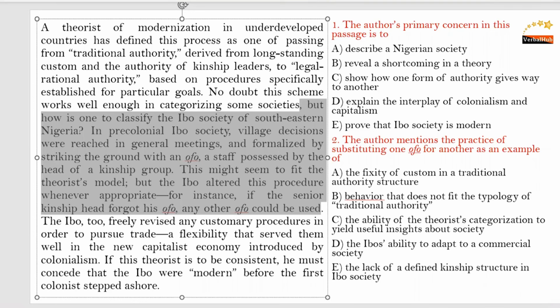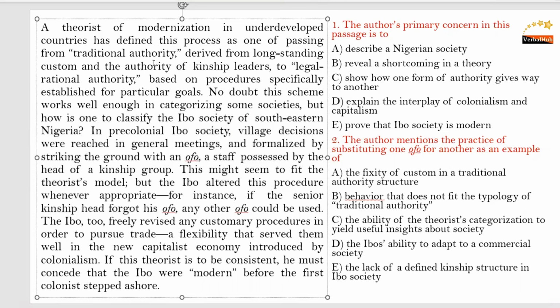No doubt the scheme works well enough in categorizing some societies. From this, we understood it's not a general statement. So some societies, but how is one to classify the Hindu society? See, for some societies they are giving an example. So finally, it is saying that it is different, right? And then at the end, justifying the same previous information.